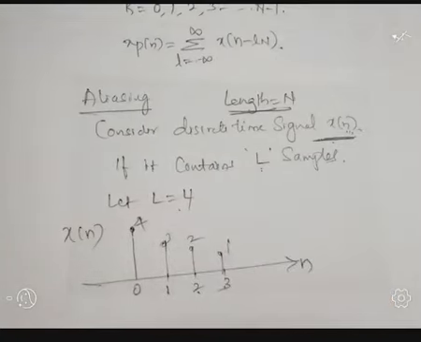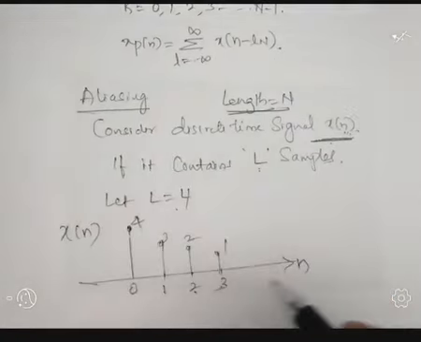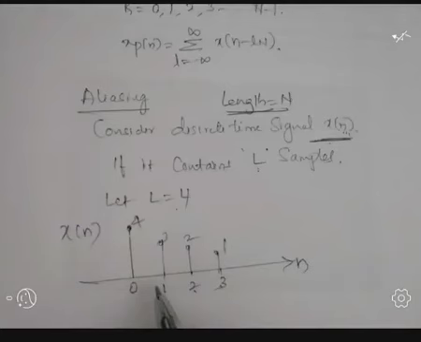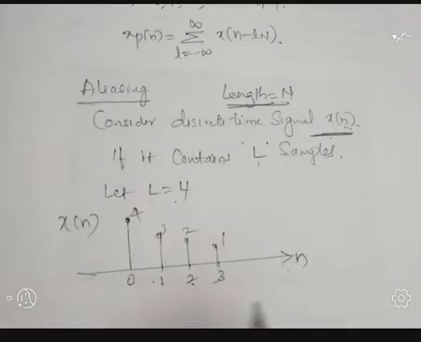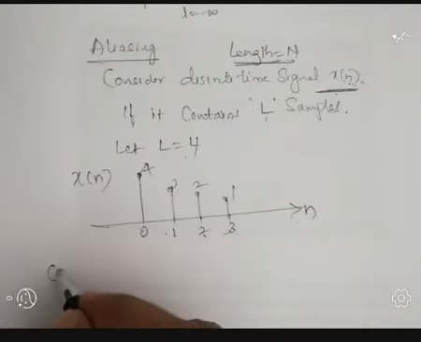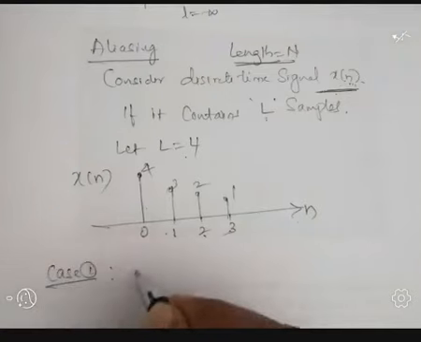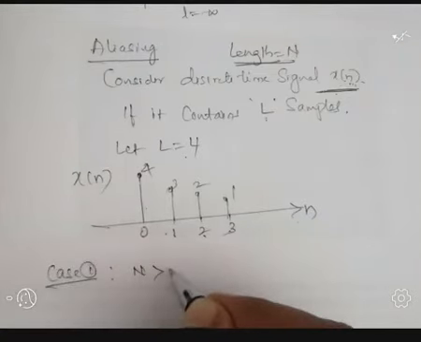Here I consider a discrete time signal x of n having 4 samples of respective amplitude. Now with the help of this example, we'll discuss two cases, aliasing and no aliasing. First, case number 1.